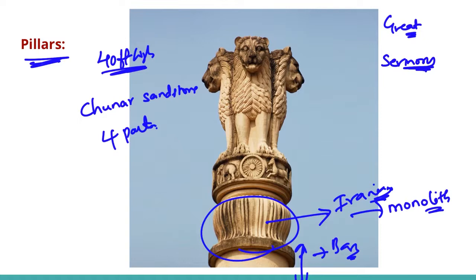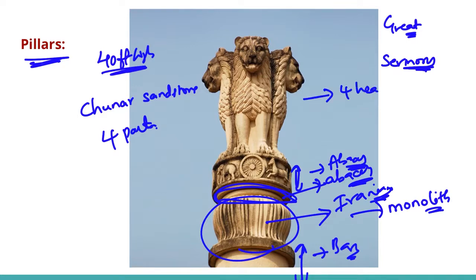Above the capital there was a circular or rectangular base known as the abacus, on which an animal figure was placed. The animal figure placed was a 4-headed lion. This type of pillar can be found at Lauria Nandangarh in Champaran and Sarnath near Varanasi.